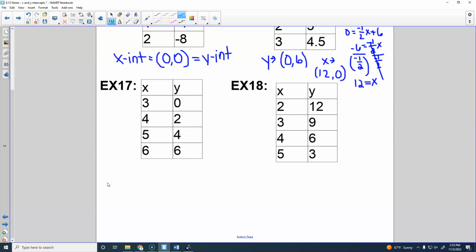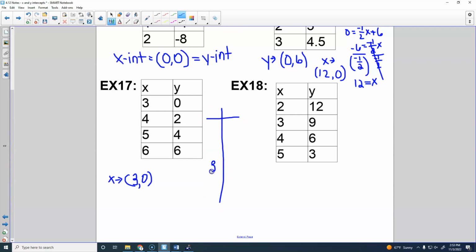Okay. 17. Which one can we find easily? X-intercept is 3, 0. All right. Y-intercept, I believe you're going to be right, because I would just finish out the table.